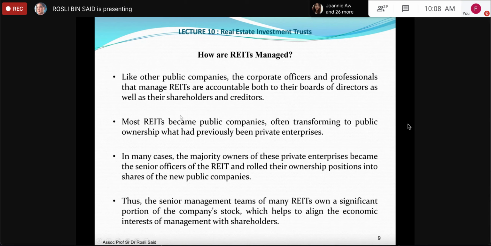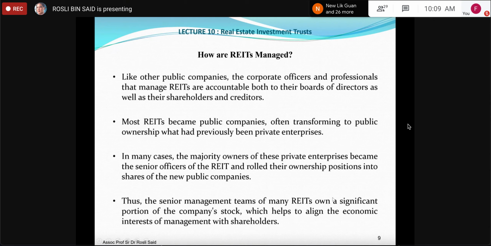In many cases, the majority owners of these private enterprises become the senior officers of the REIT. So basically, we start our post in a REIT company, and if we stay there for a long period, there is usually a possibility that we can be appointed as the top bosses as well.